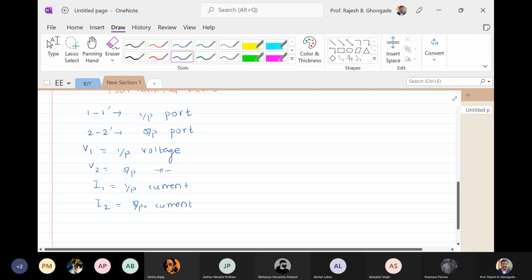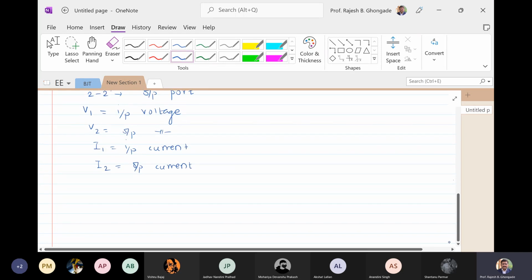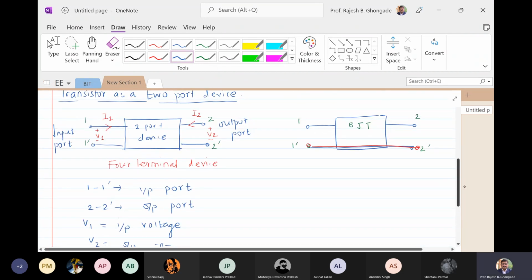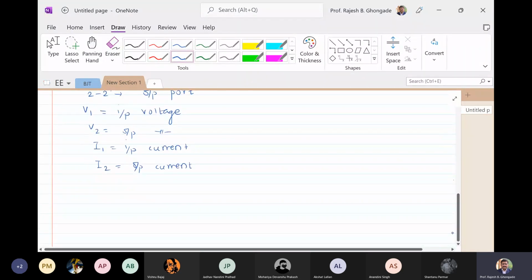Okay. So since the transistor is a three-terminal device, and we know that we have to keep one terminal common in order to represent it as a two-port device, we come out with three different configurations. Three configurations are possible.